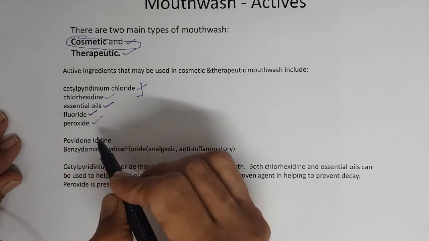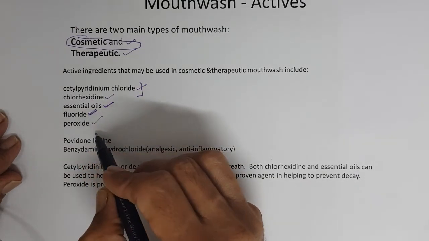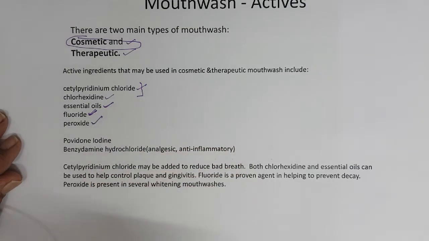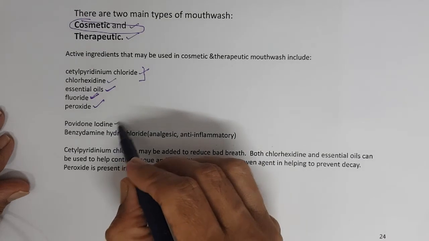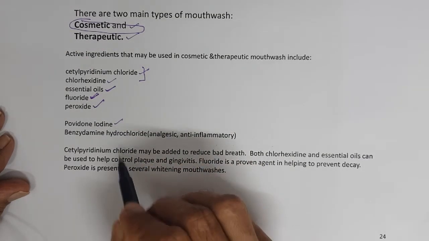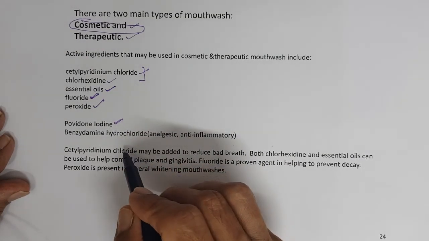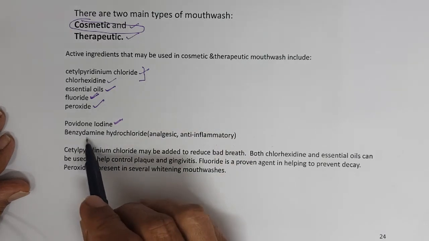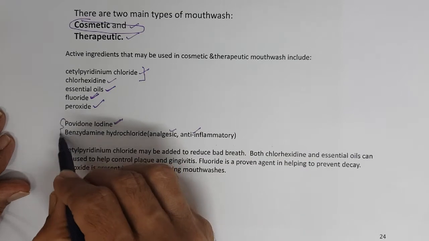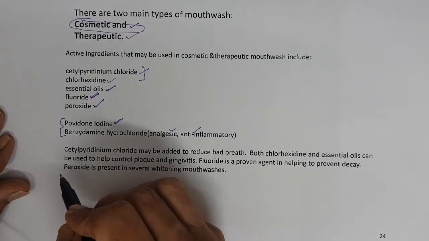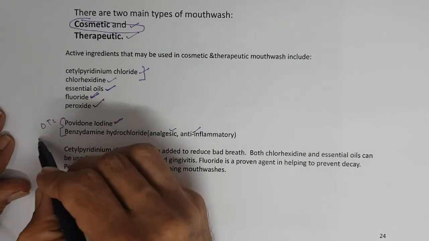Fluoride strengthens the teeth. Peroxides are for whitening of the teeth. Povidone iodine is a good antibacterial and antifungal used in therapeutic mouthwashes, and benzydamine hydrochloride is an analgesic and antipyretic, basically used in therapeutic mouthwashes, that is OTC or prescription.